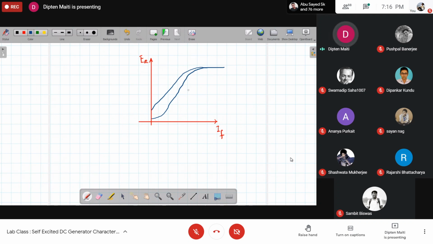in that case, you should not return to the field current of 0.2, because if you do so, you are actually tracing a different local VH loop. Let's say this is the point for 0.2.